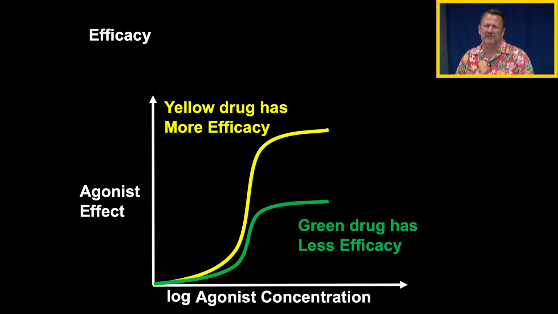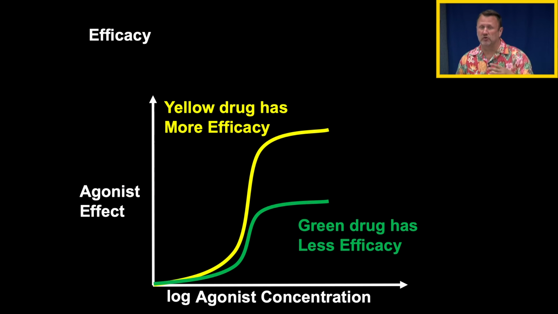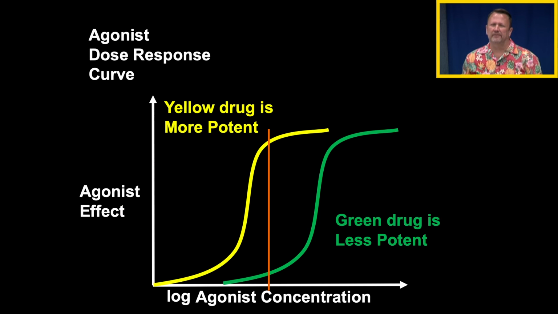But efficacy is about one drug having more effect than the other. And when you get in the clinical setting, people are going to use efficacy and potency interchangeably, like they kind of mean the same thing. But for boards in pharmacology, efficacy just quite simply means one drug has more effect than the other. And here, the yellow drug is more potent because it reaches maximum effect at a concentration at which the green drug is only starting to work.